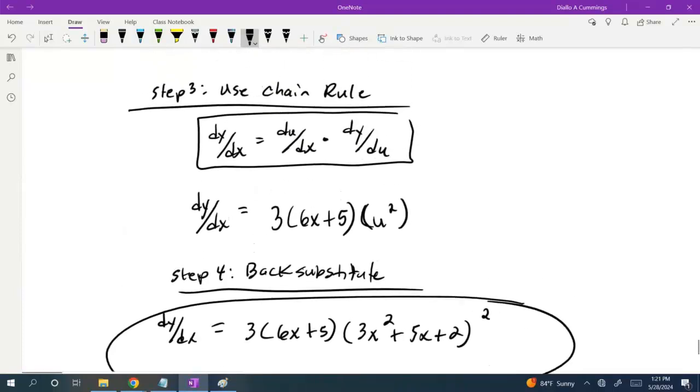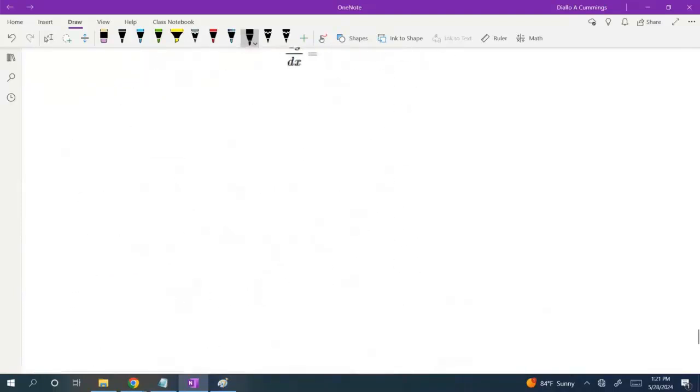All right, let's look at one last example. Now, in some of the problems, you may be given the pieces already substituted out. So in this example, we're finding the derivative, and we have y equal to 2u squared minus 5u plus 2.